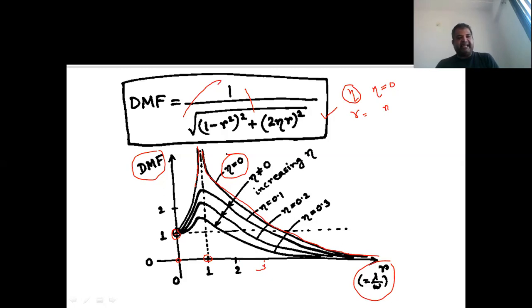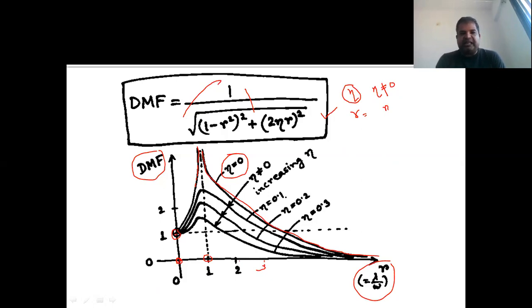Now, second, what I need to take is eta not equal to 0, right? If I take eta not equal to 0, again I need to start from here. So at r is equal to 0 and eta is non-zero, let's say 0.1, what will be the value coming?